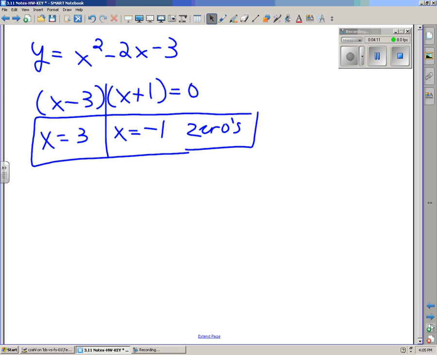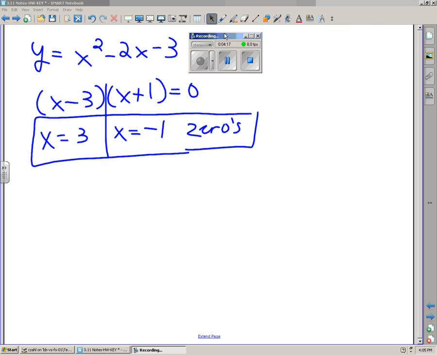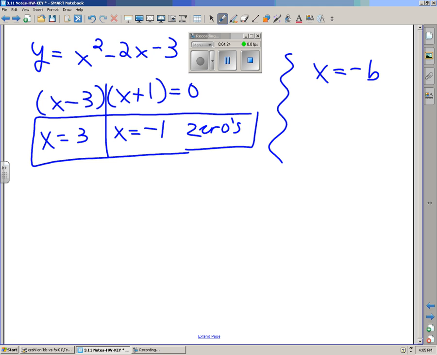The next part says to find the axis of symmetry. The axis of symmetry is found by knowing the formula x equals negative b over 2a. If I look at the original equation, I know that a is 1 because it's 1x squared, and I know that b is negative 2.